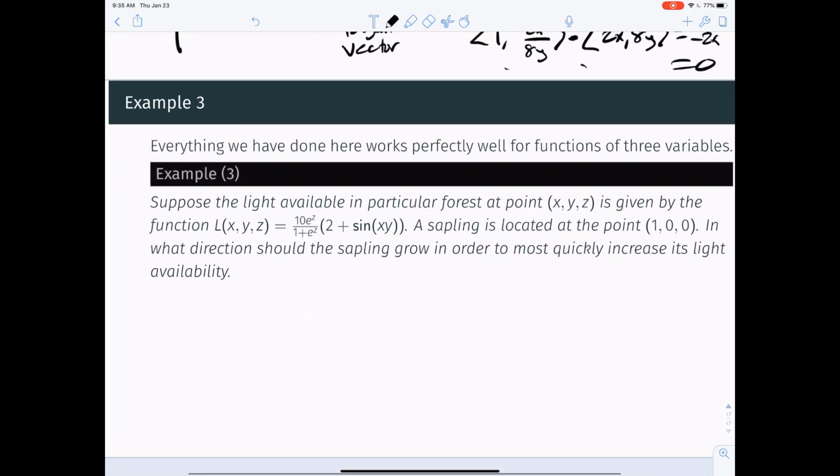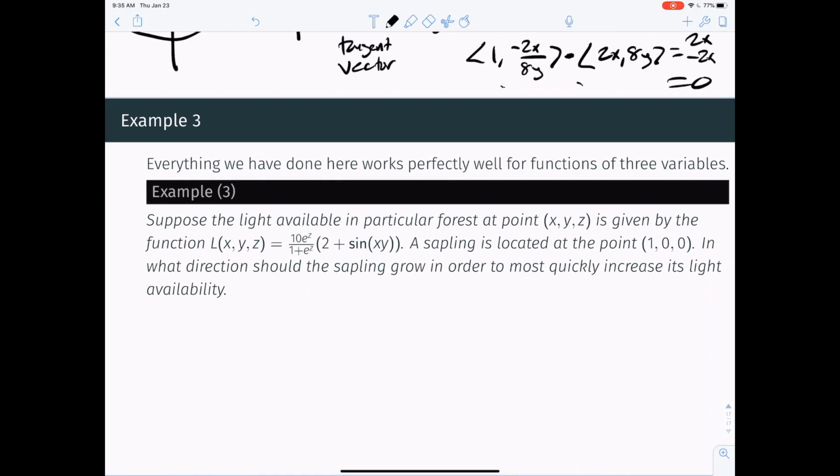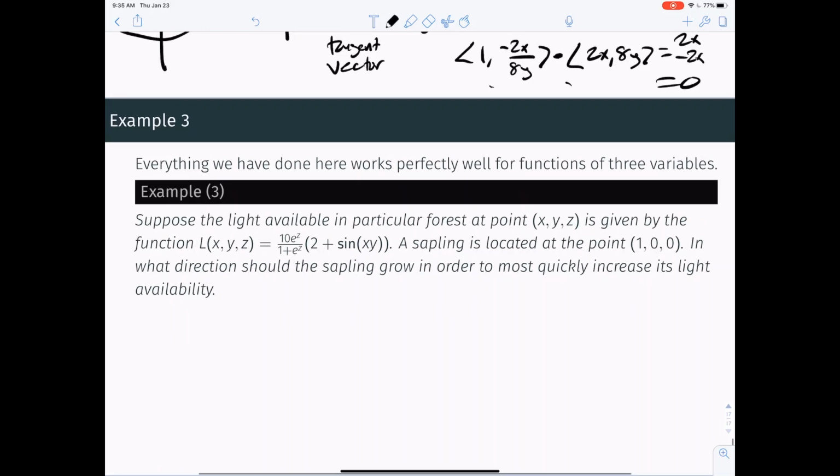One last example here. Everything we've done works perfectly well for functions of 3 variables, so let's do one more example in 3 variables. L of x, y, z is some function that maps the luminosity at a particular point in a forest.